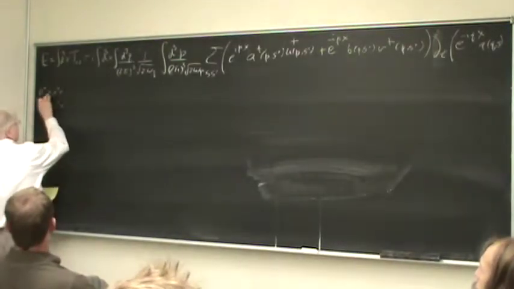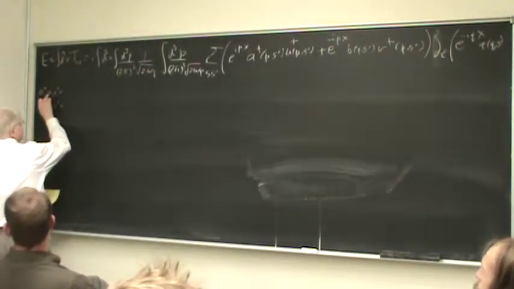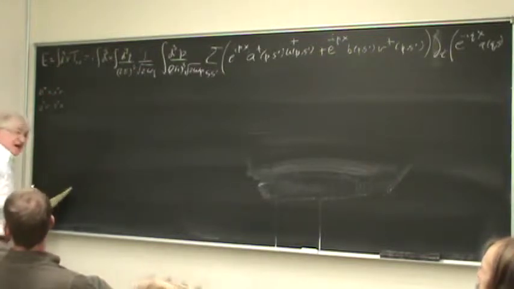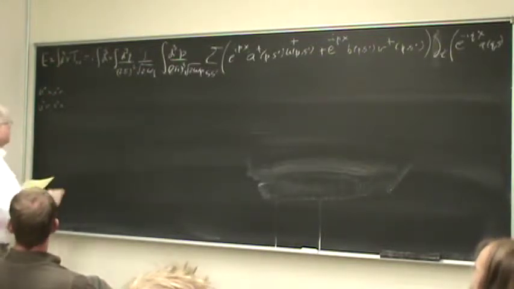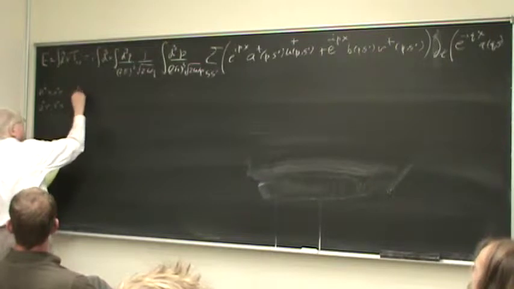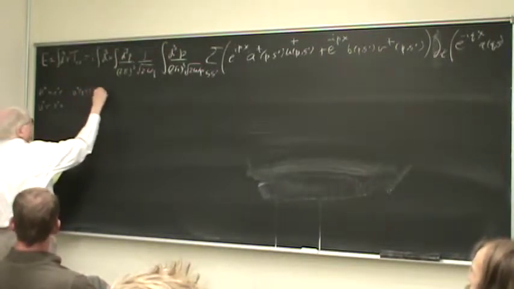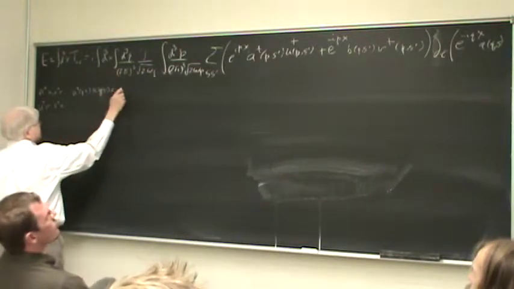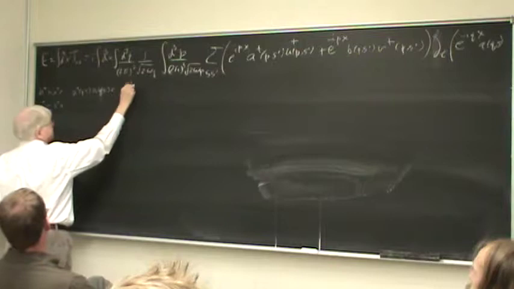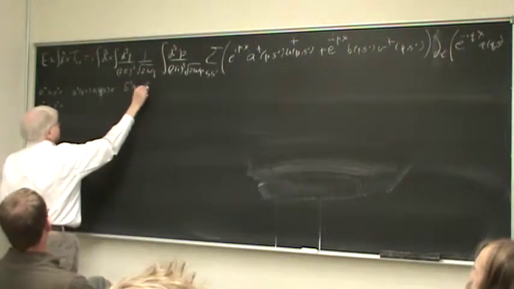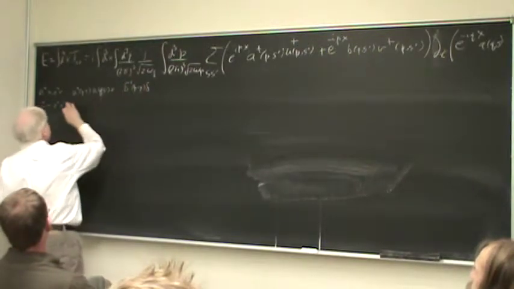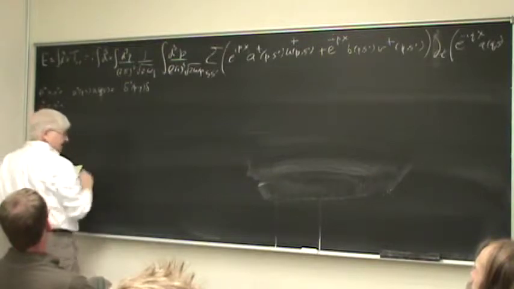So we would have things like u†(p,s) u(q,s'), and so this will be delta cubed of p minus q.